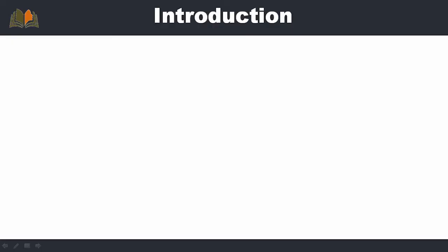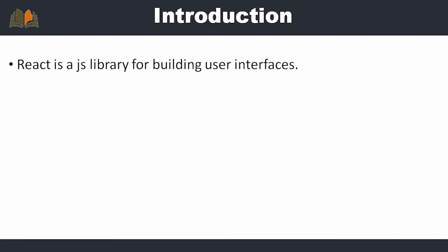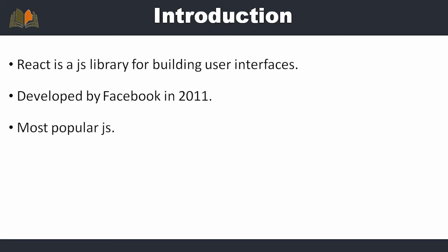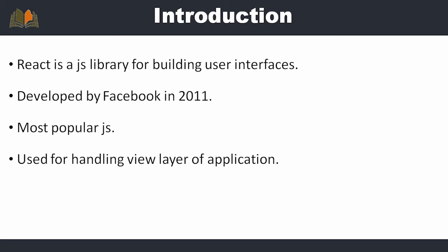So now we are in the introduction part. As we know, ReactJS is a JavaScript library for building user interfaces. ReactJS was developed by Facebook in 2011, and it is the most popular JavaScript library in the world. It is used for handling the view layer of applications, and for other layers we need to depend upon other tools.